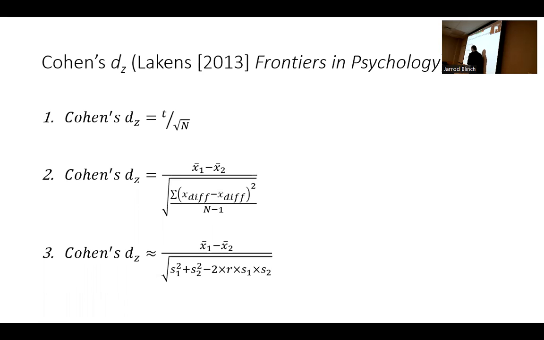And then this one is approximately equal to those. It's a way to estimate the effect size if you don't have all the original data. Why would that be? Maybe you're doing a meta-analysis and all you have is the article. Some articles will link to the actual data, most, I would say, don't. In that case, you may want to calculate the effect size, maybe the author didn't.